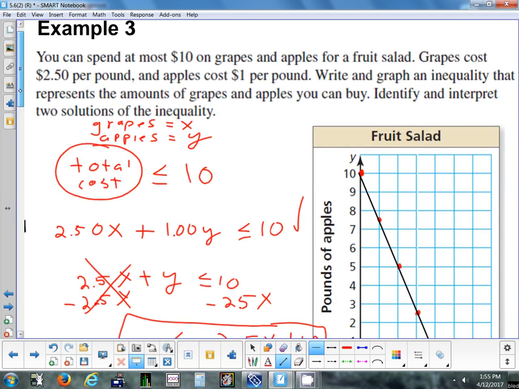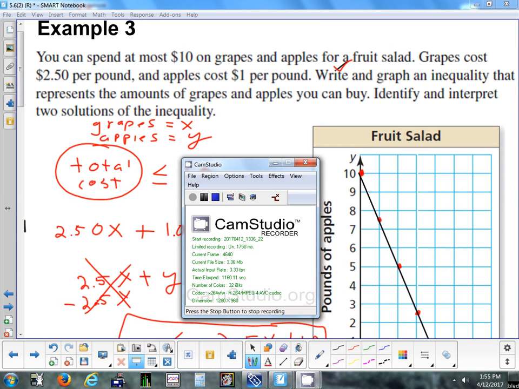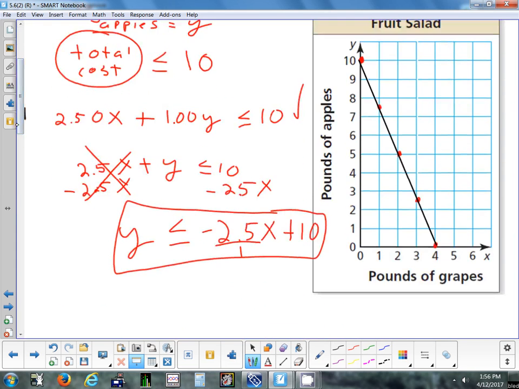All right, so we've written an equation. Can I please have everyone's attention? Just a reminder. All right, so we wrote our inequality. We've graphed the line. Now I got to decide where to shade. Where do I shade? Above or below?